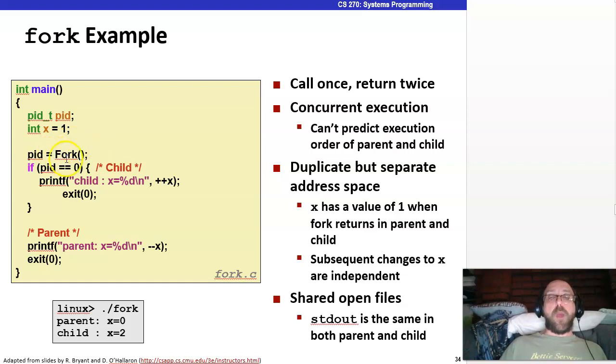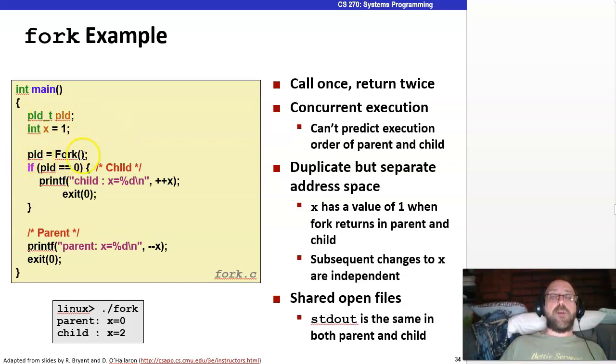In particular, the wrapper does some error checking and terminates the program if there was an error, because besides returning 0 for I am the child, or the process ID of the child if I am the parent, it might return a negative number, meaning it failed. So in order to avoid having to consider that, we're using this wrapper function that just terminates if there was a failure. So we have a variable of type pid_t called pid, process ID.